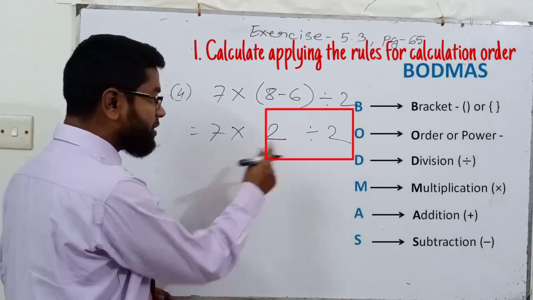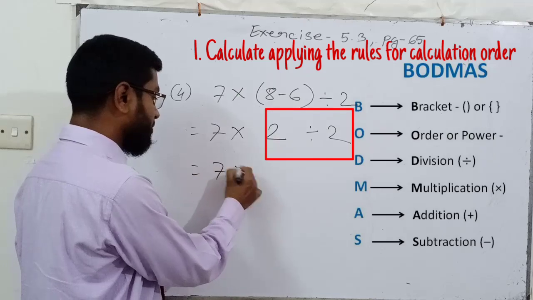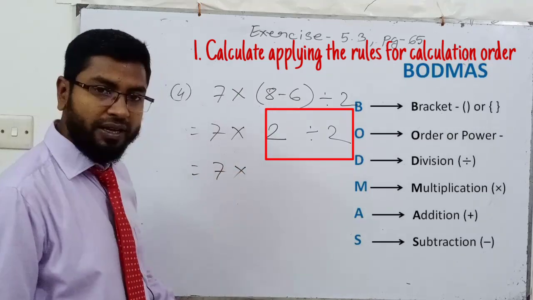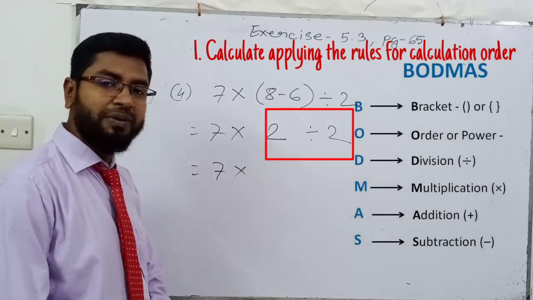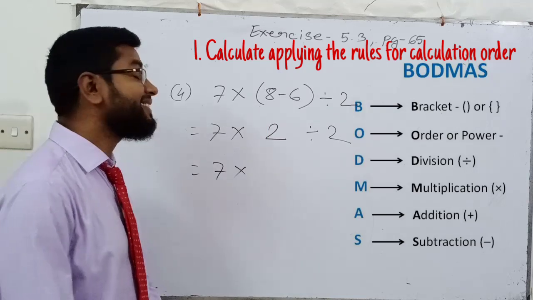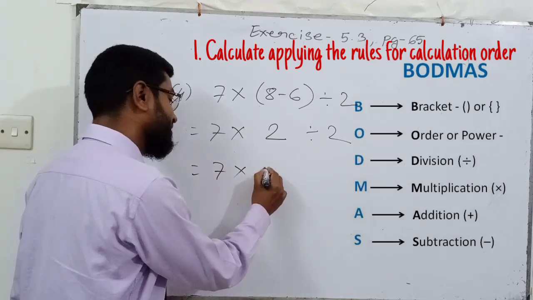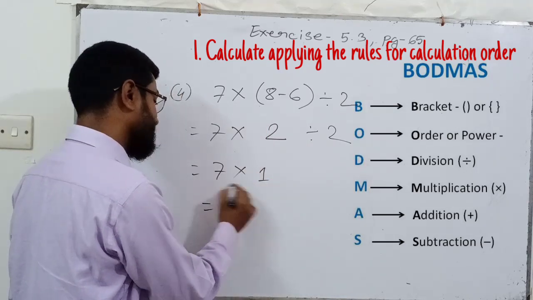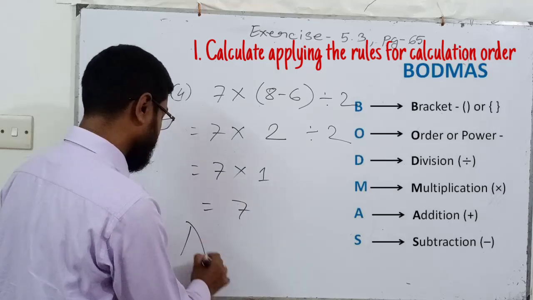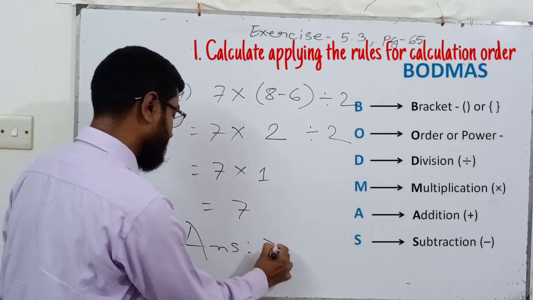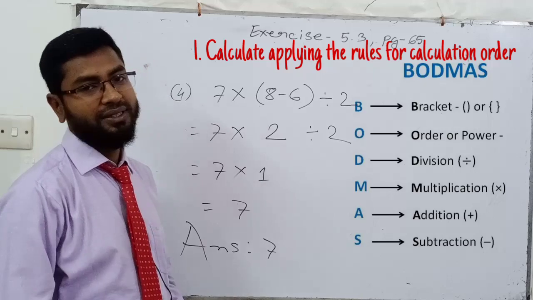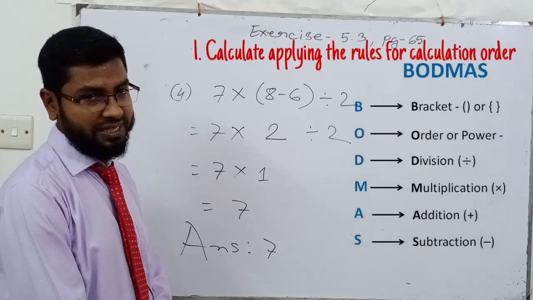Division, this part we will do. The rest of the part I will write: 7 multiply. What will be there if I divide? It is easy. 2 divided by 2 will be 1. Then 7 times 1, the answer will be 7. So I hope you understand.